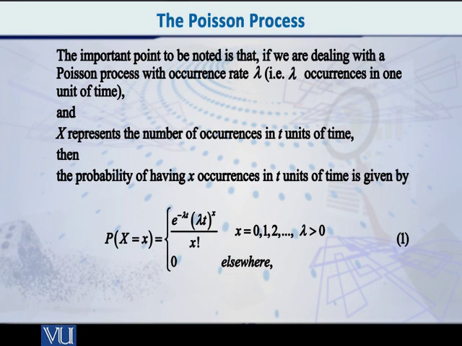And lambda is a positive number, and t also, of course, is a positive number. So this is the Poisson process, and this is the Poisson distribution that will apply in such a situation.